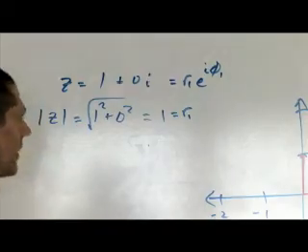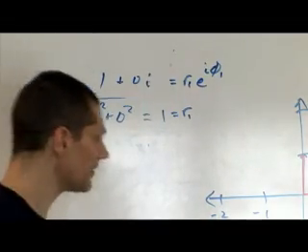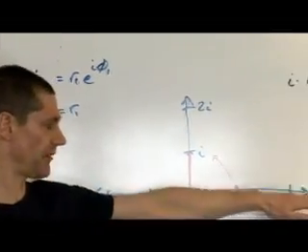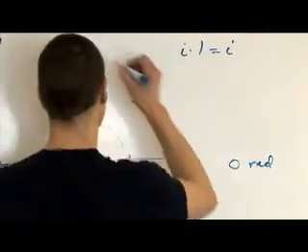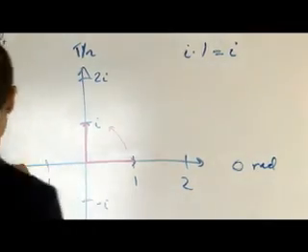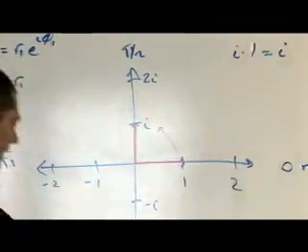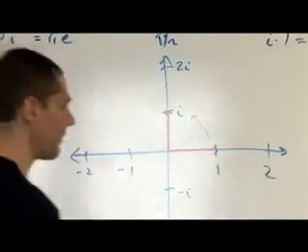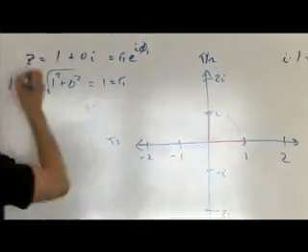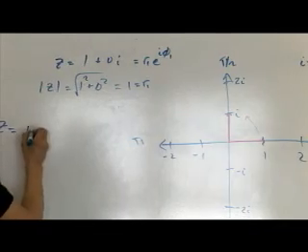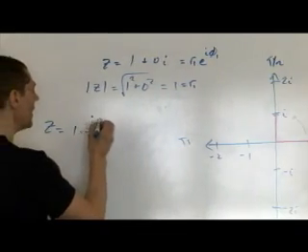Now the question is, what is theta 1? Hopefully you can see it's laying right on the ground. This is 0 radians. Here's pi over 2, of course, and 3 pi over 2, just to remind you guys. So Z is written as 1 times e to the I times 0.